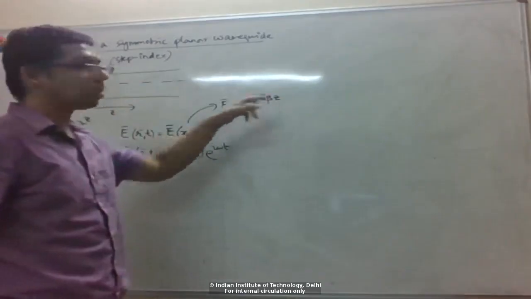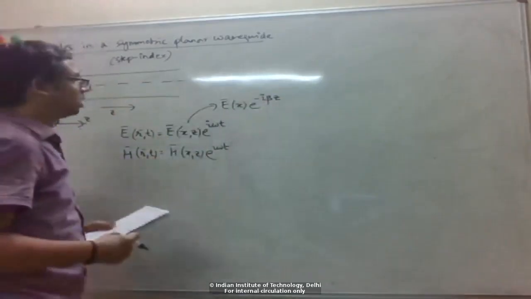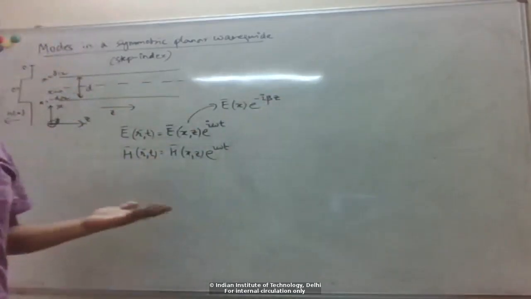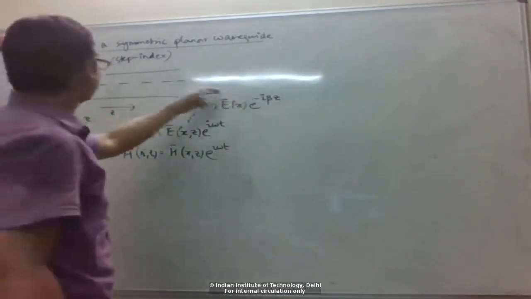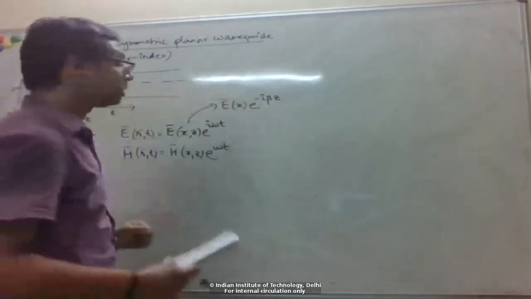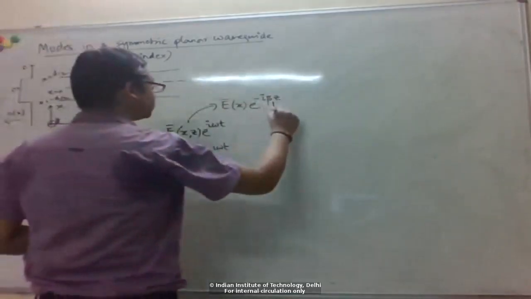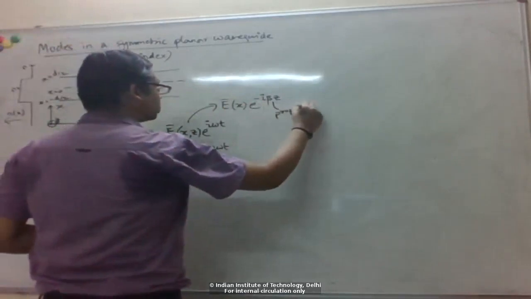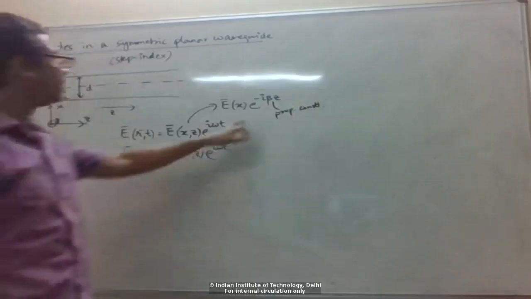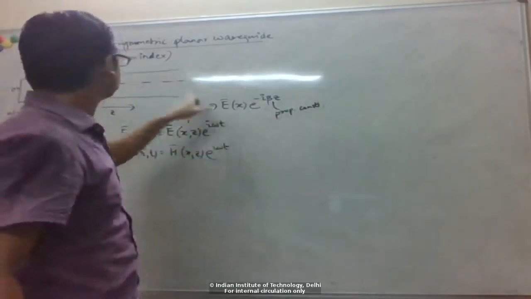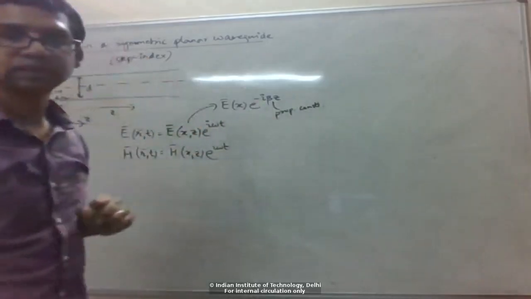So beta here is the propagation constant, which is basically the equivalent of the wave vector. The k that we have for plane waves in free space is something like that in a waveguide. We'll see what this actually is. It will depend on, for example, the wavelength and also the waveguide parameters.